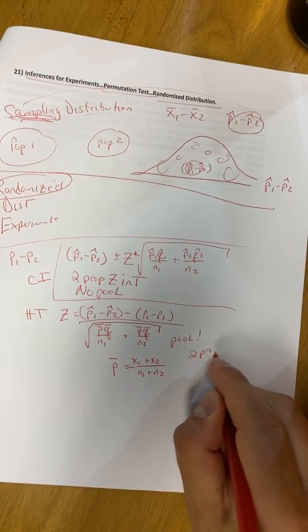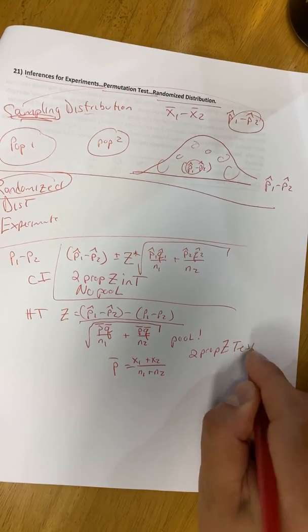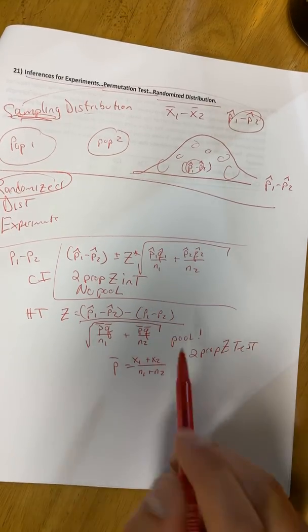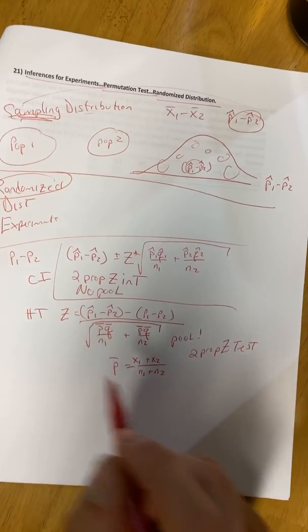And that's 2-PropZTest. So that's the only one that you pool with, is with a hypothesis test.